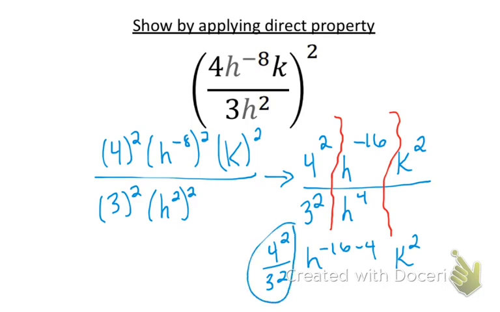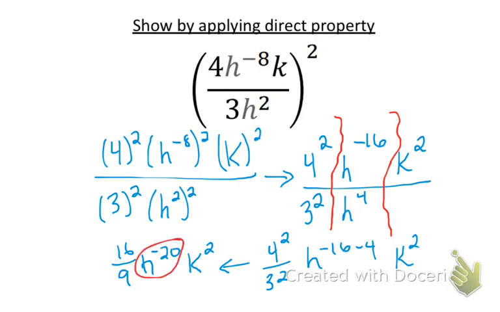This could actually be simplified to 16 over 9. Then we have h to the negative 20, and then we have k squared. Nope, that didn't fit. So I wrote it over here. Okay, so again, this is not our final answer because of this. You cannot have a negative exponent.